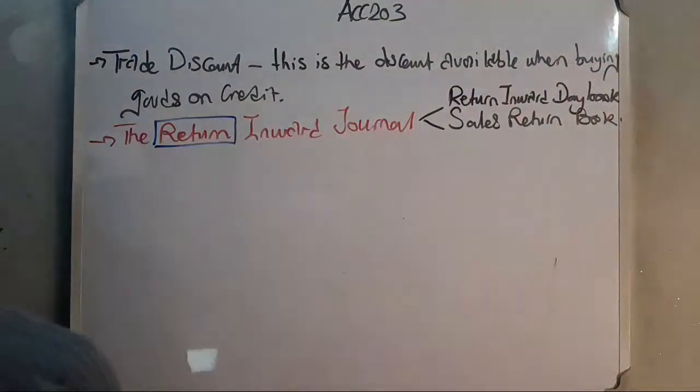Now listen, this is a book used to record goods previously sold to customers but were later returned by the buyer to the seller either in whole or in parts, probably as a result of the following: 1, wrong specification.